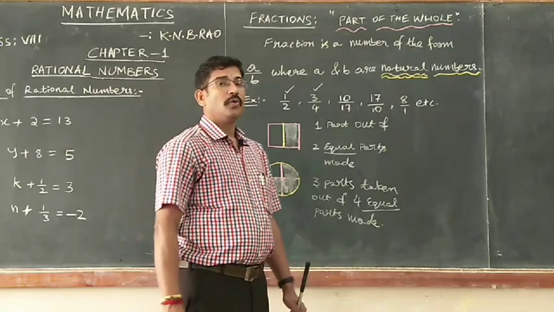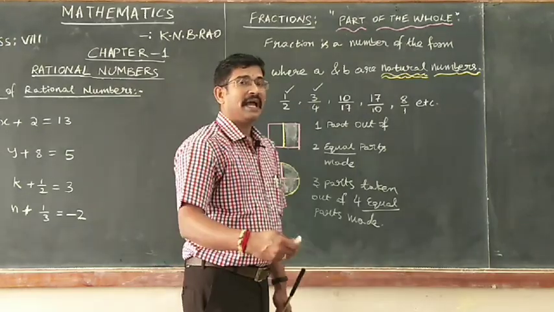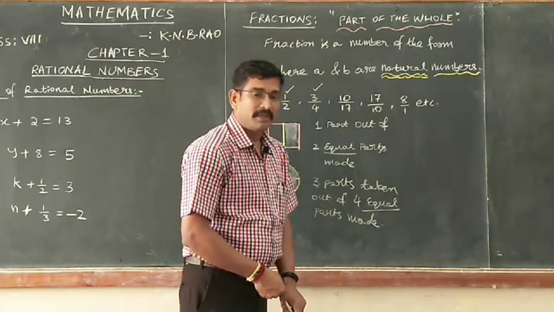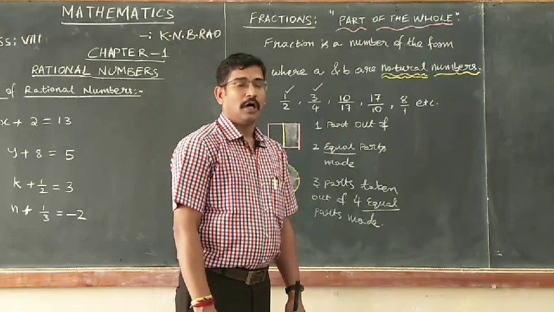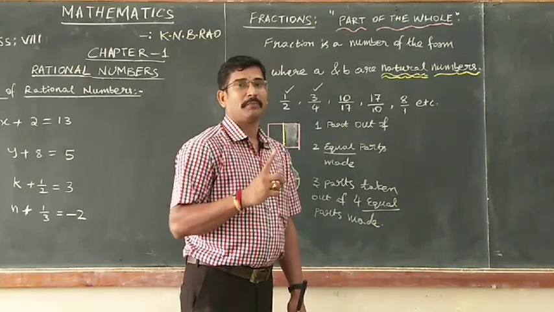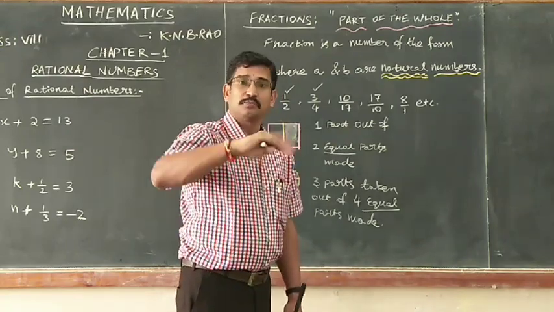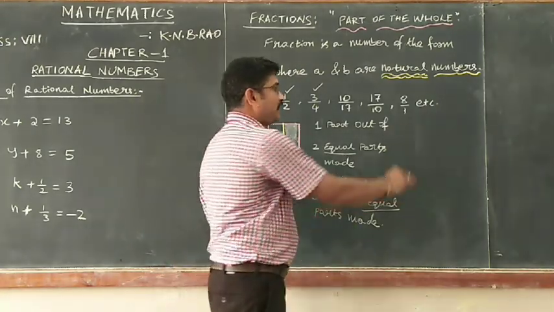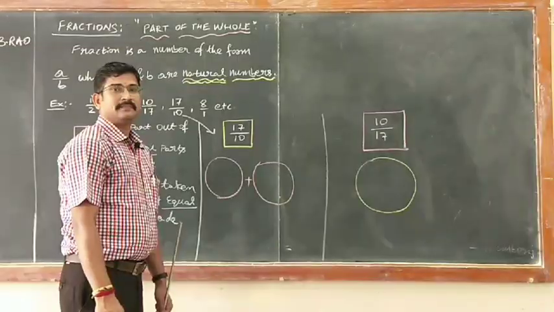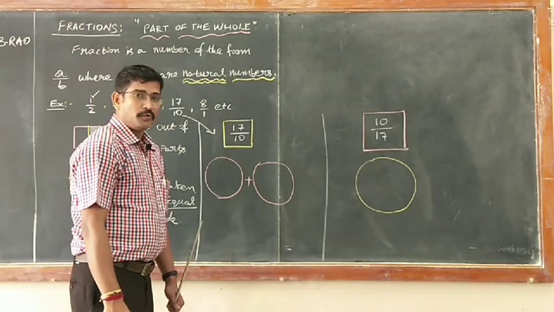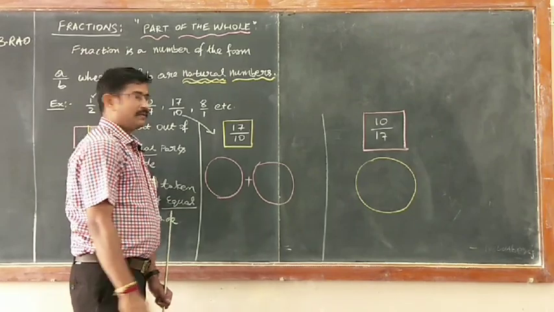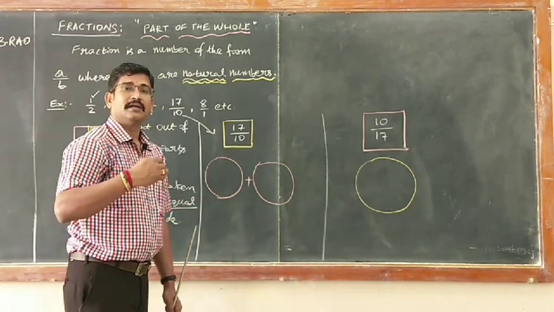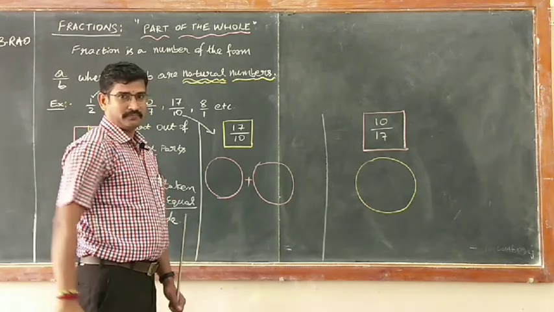When the numerator is bigger than the denominator, one thing we have to remember: it is not one full, it is more than one full. So this 17/10 is automatically more than one full.